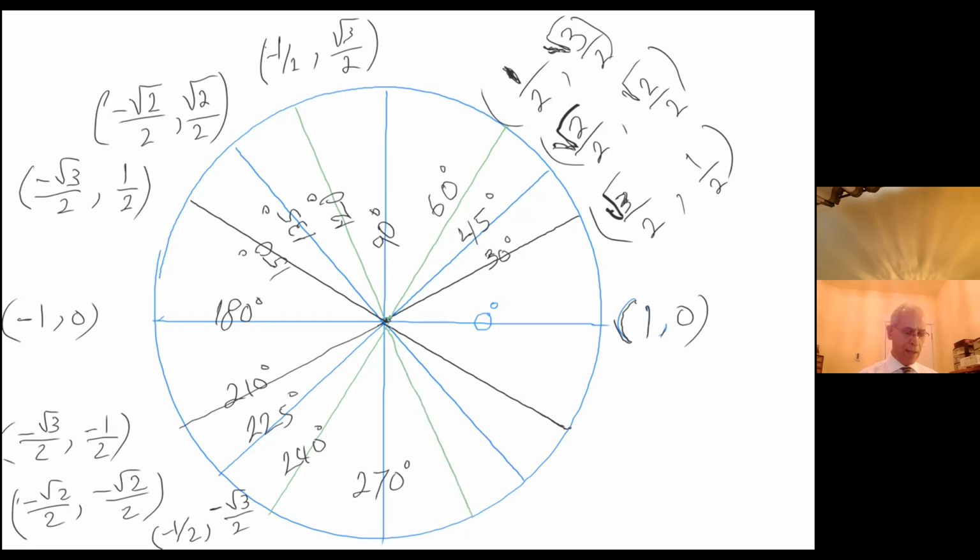Adding 30 degrees to 270, I know that this right here is 300 degrees, 315 degrees, and 330 degrees. And of course, adding 30 to that gives me 360 degrees, one revolution. Okay, so for the values of cosine and sine for 300 degrees, I'm going to just follow the values from 60 degrees, but remembering that this time the value of sine is negative. So I'm going to have 1/2, comma, negative √3/2.